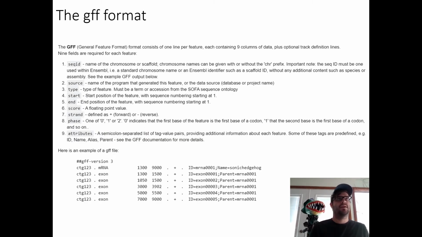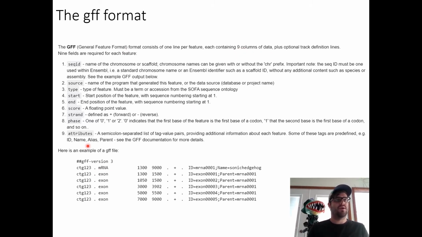And the other format, which is probably a little bit more common, is the GFF format, or the general feature format. This one is pretty similar to the BED, but with a couple notable distinctions. GFF is a tab delimited file with 9 columns of data plus some optional tracks as well.